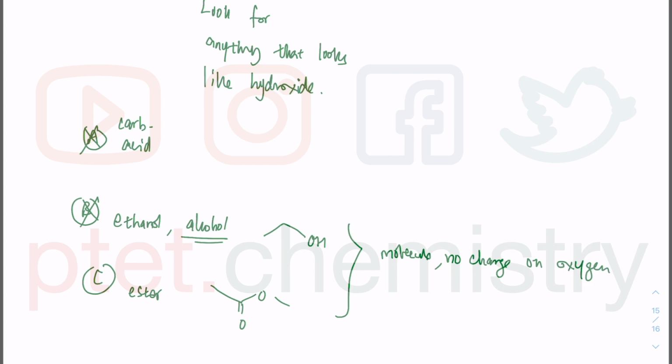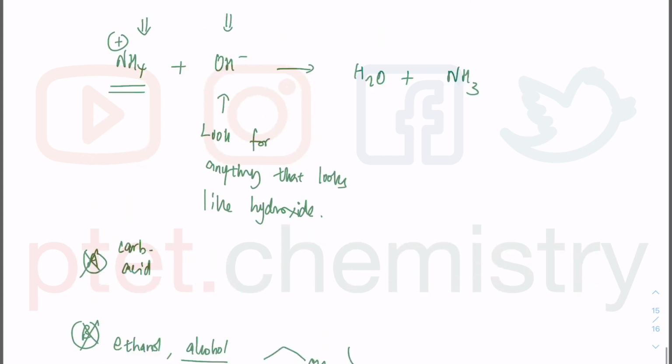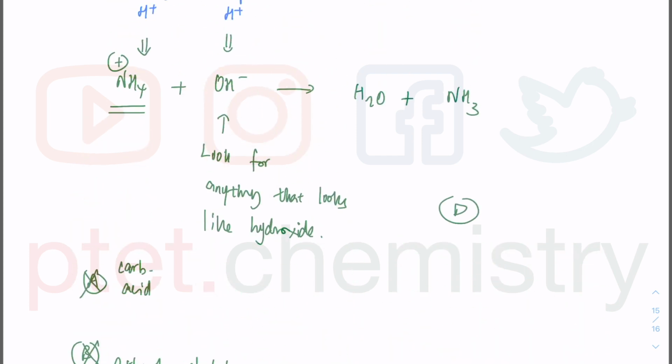Okay, so not like hydroxide. And option D definitely works because what you have is what you call sodium ethoxide. Not too sure if you know the name. When you have alcohol reacting with sodium, then you get this thing, CH3CH2O minus. They don't show it as O minus, but hopefully you can see that it's actually O minus and a plus.